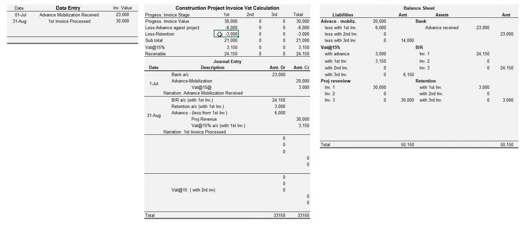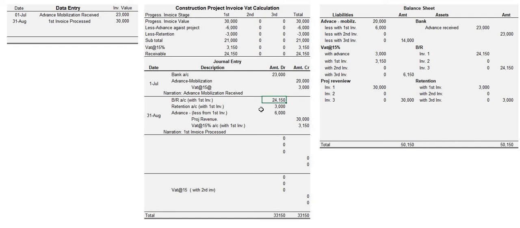That retention amount we will collect after completing the retention period, maybe 2 or 3 months after that. They will keep it as a guarantee. So now our subtotal is 21,000. To this 21,000 we will add VAT and issue an invoice receivable of 24,150. This is the amount here.